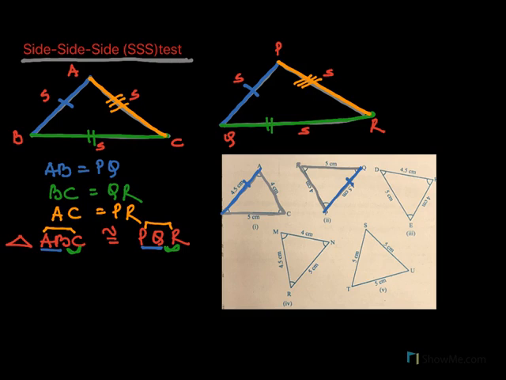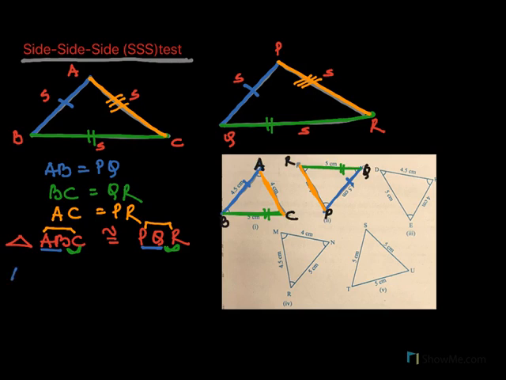Then this is BC, which is 5, and this is also 5, so the second side is equal. And in the end we have AC, 4, equal to this 4. So three sides of one triangle are equal to three sides of the other, and the triangles are congruent by SSS test.